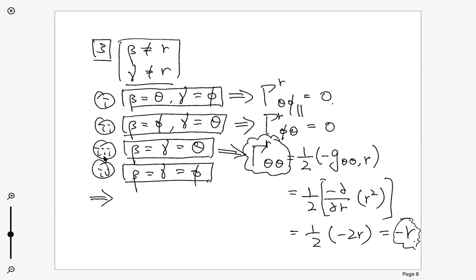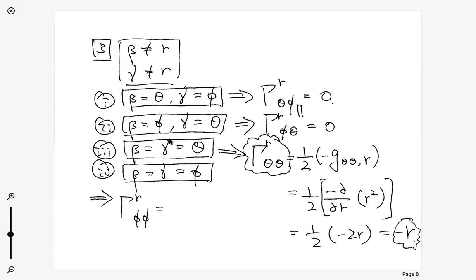So now what about the last case here, when beta and gamma are equal to phi? Obviously, we are calculating the r phi phi component of the Christoffel symbol. I would like to give you 1 minute to compute this out. I can assure you that this is not 0, but I want you to try to get the answer for this one.